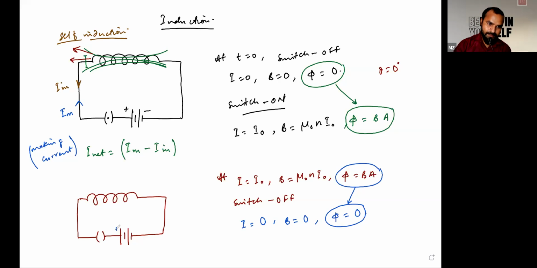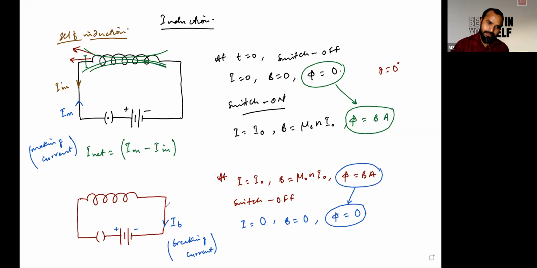So let's say initially we have current along this direction, but now on switching off, this current will start decreasing. So we call it breaking current. But according to Lenz's law, if flux starts decreasing, the induced EMF or induced current will tend to increase it.